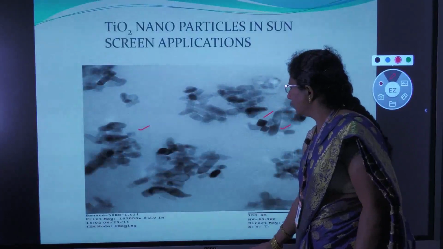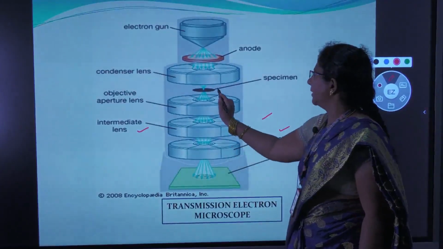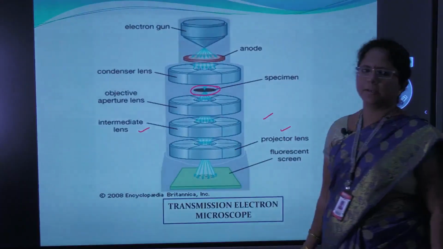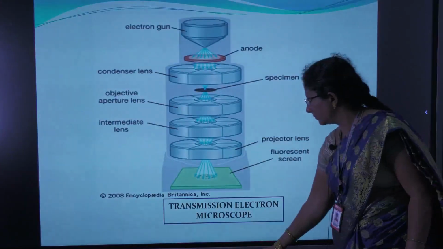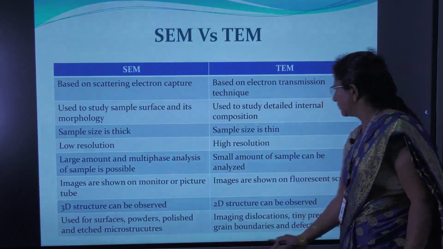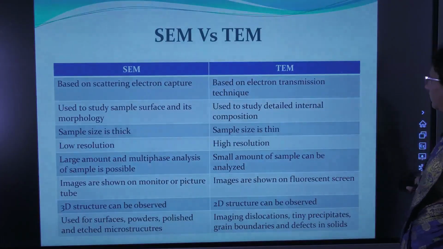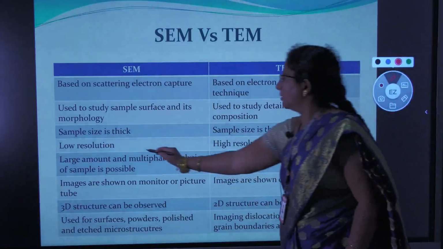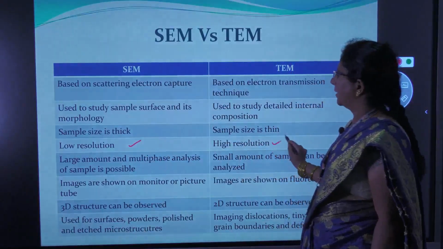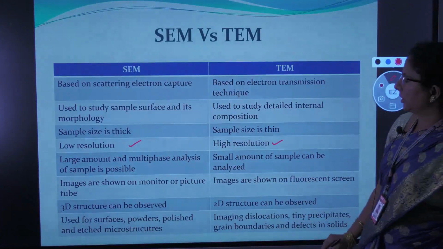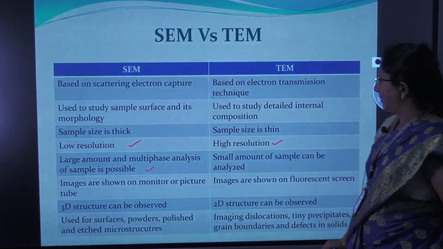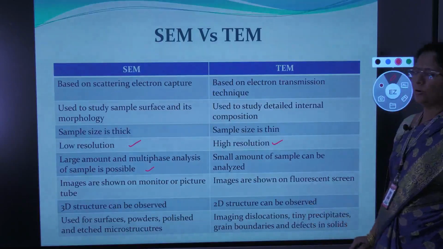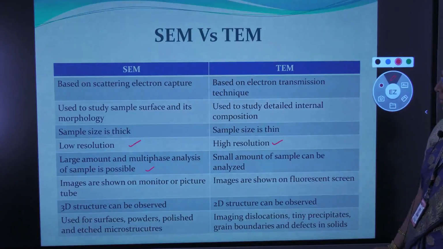See here, a very thin sample we are taking. SEM has low resolution, TEM has high resolution. A large amount of sample and multi-phase analysis is possible in SEM, and in TEM, a small amount of sample can be analyzed.